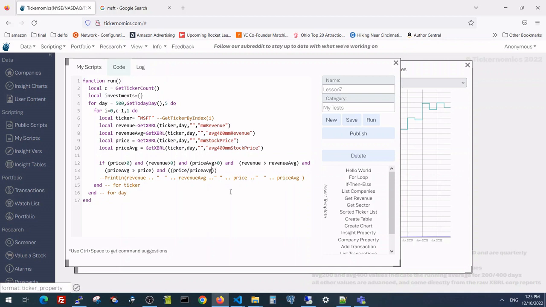Price divided by price average. So price is less than price average, so price divided by price average multiplied by 100 to get our percentages, and this essentially, wait, that's still wrong, right? Price minus price average.